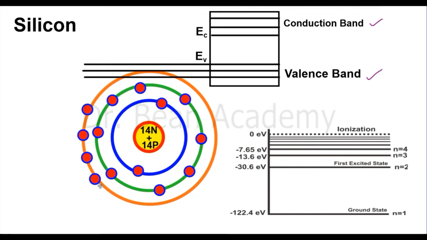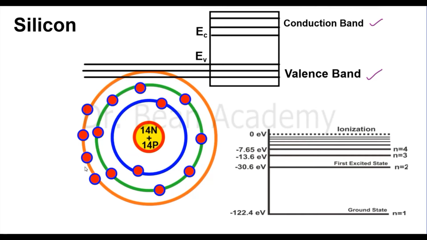Even in this shell, there are subshells, and electrons exist in those subshells. It is not only one orbit, and the shape of the orbit is not that simple. There are subshells like S, P, D, and in those subshells, energy levels vary a little bit. So instead of that, I can have a simpler picture.